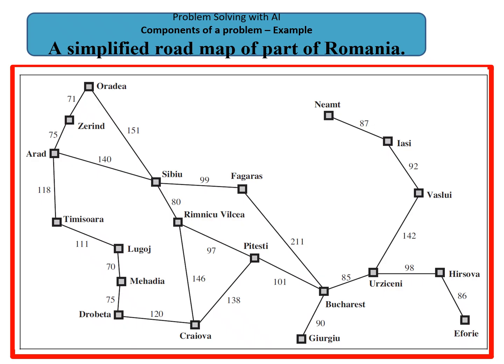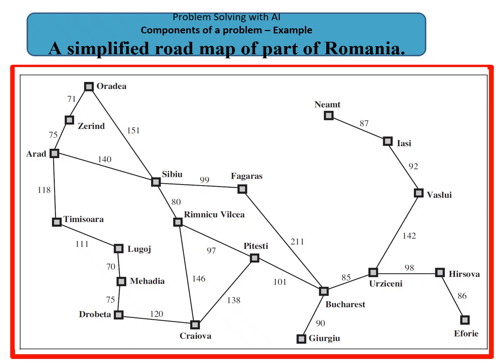What does the diagram represent? There are cities and roads. Cities are nodes, represented as states. Roads represent possible actions, which are edges. Distance is the cost between each pair of cities in kilometers. The task is finding the best route from Arad to Bucharest.